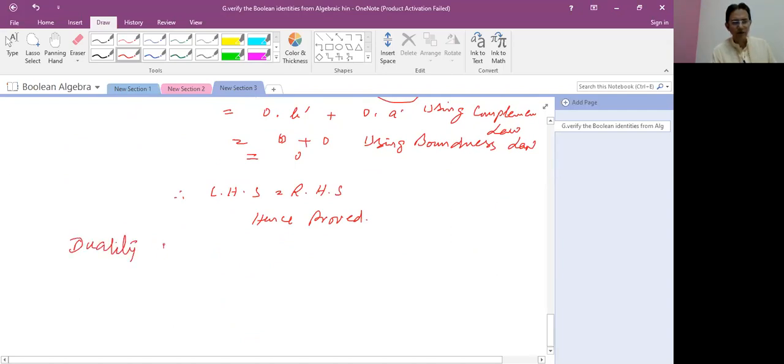Duality principle in Boolean algebra. It is the last topic of our lecture. What is the duality principle?